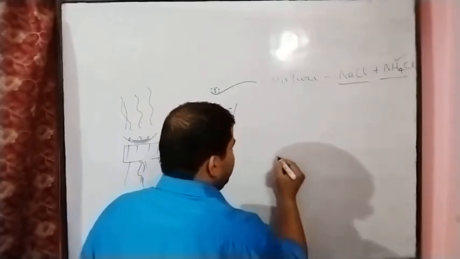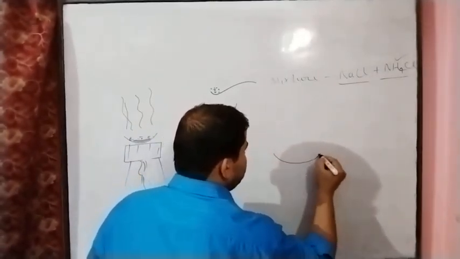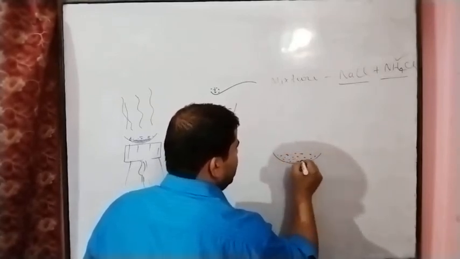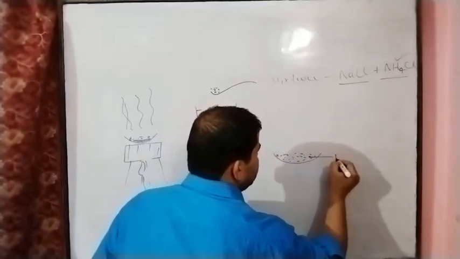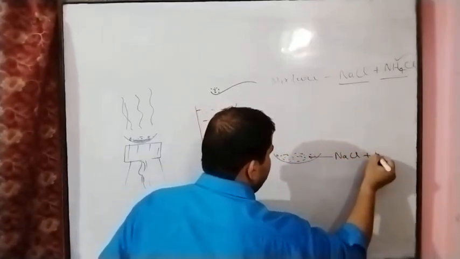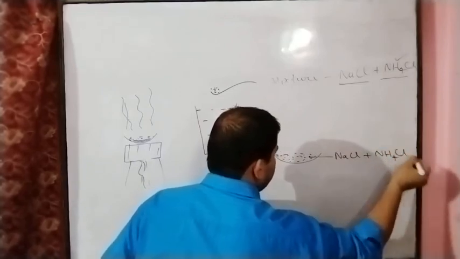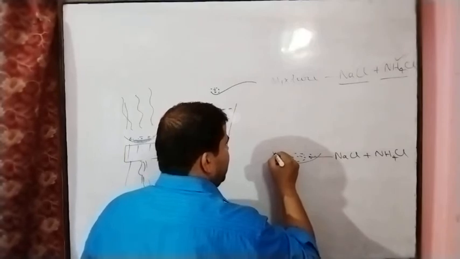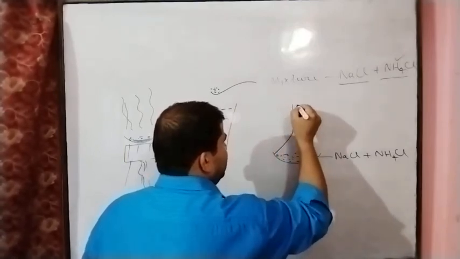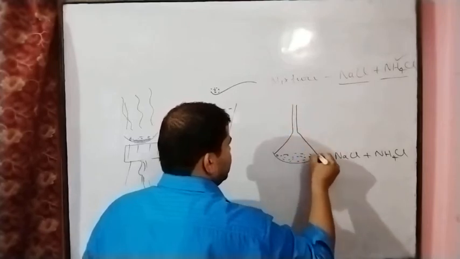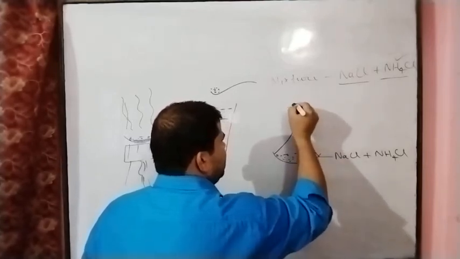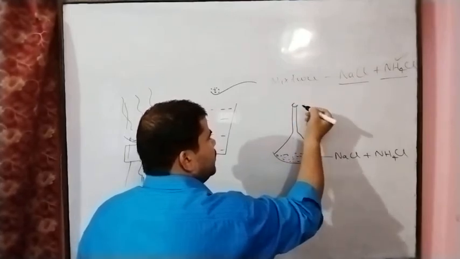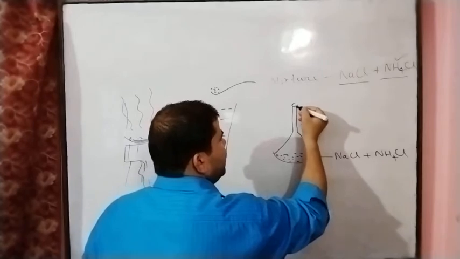We take this mixture of NaCl and ammonium chloride, both in solid state, in an evaporating dish, and cover it with a glass funnel. The end of the glass funnel is closed by a cotton plug.